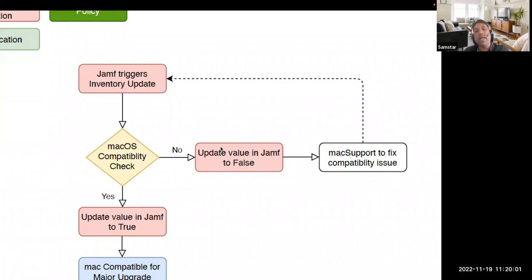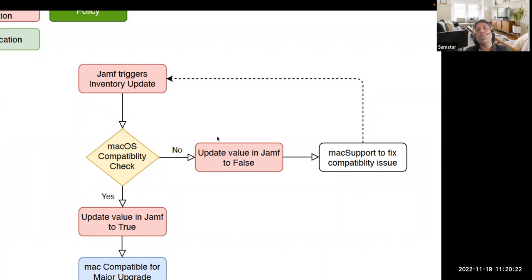As soon as the machine is added to this smart group, it will send an email to the support group, updating them that this endpoint is not compatible with the latest macOS version, and the support group will work with the end user and try to fix the issue.